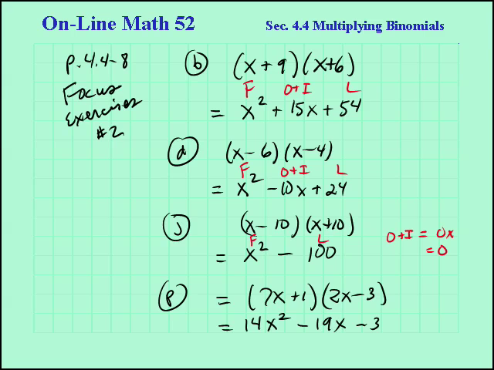So here we just got firsts and lasts. Won't happen often. Don't rely on this first and last. It happens only when the outer and inner product add up to 0 because they're opposites. Positive 10x, negative 10x. So rarely would we get two terms, but it does happen. And here again, first terms, this is the outer plus the inner, and then the lasts.